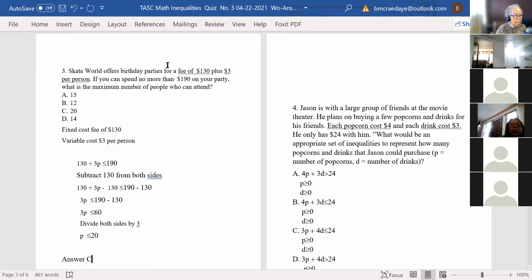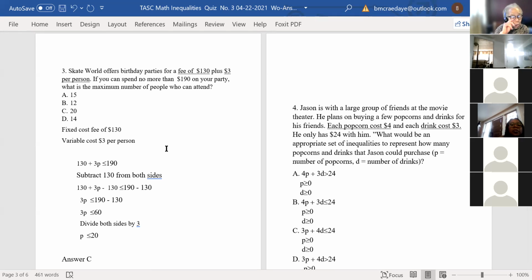You understand that that fee of 130 is a fixed amount, right? In other words, regardless of how many people go to the party, you're going to pay that fee of 130. That's why we call it fixed. And then the $3 per person is a variable cost. You pay that per person. So the more people you have, the larger the amount you're paying.